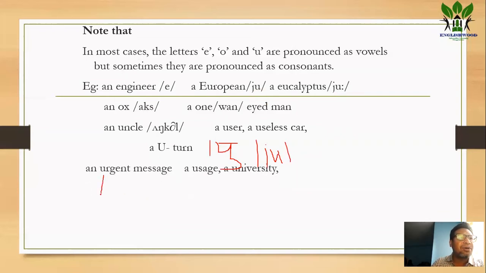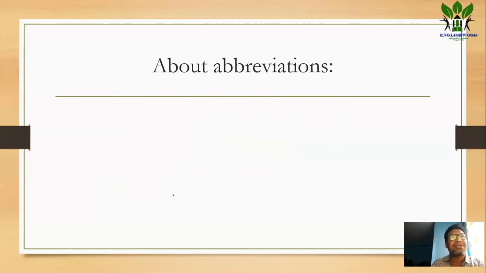But here is the U sound: a university. Same U, right? So before university we use a. Before use, you use a, sometimes a unit, like that.